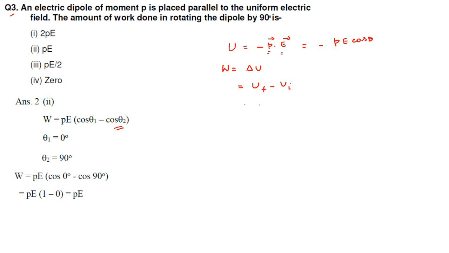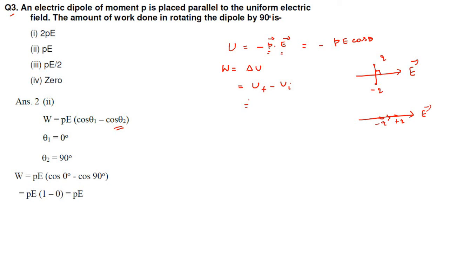Coming here, how will the final one be? In the final one, the dipole makes an angle of 90 degrees. If you want to draw the picture, it will be like this: minus q, plus q, this is the electric field, and this is 90 degrees. This is final. What is the initial orientation of the dipole? Along the direction of the electric field, so minus q, plus q, this is the dipole moment.